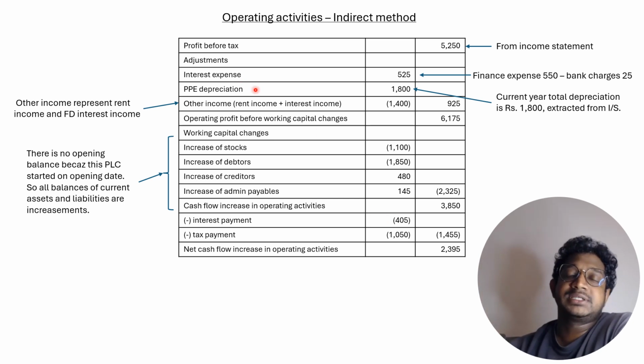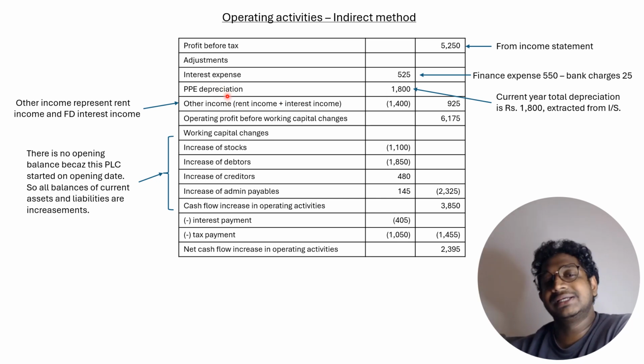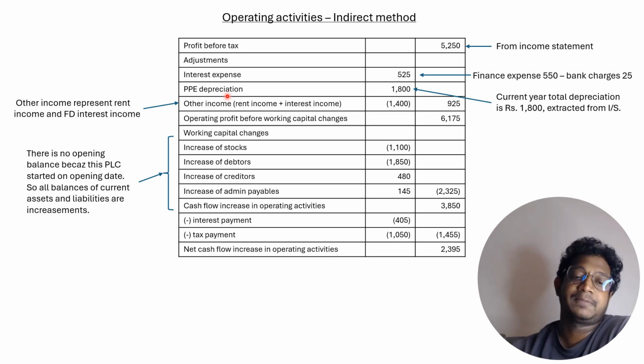And PPE depreciation is a non-cash transaction, but when you're finding the profit, it's already deducted because it's an expense. To reverse that, you add PPE depreciation back here. Other income, both rent income and interest income, 1,400, appears in the profit as income.